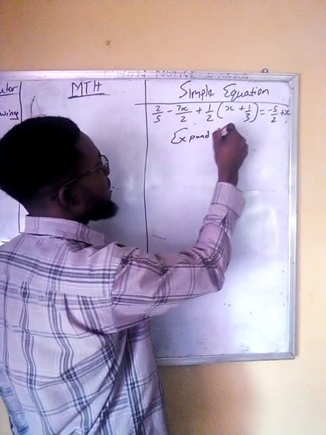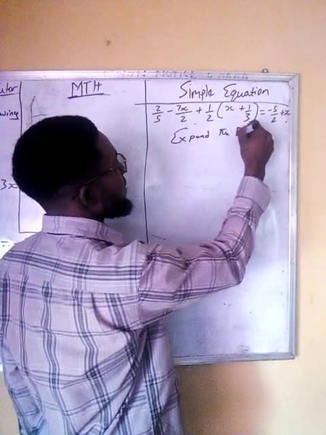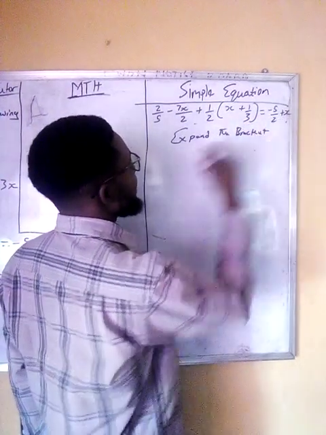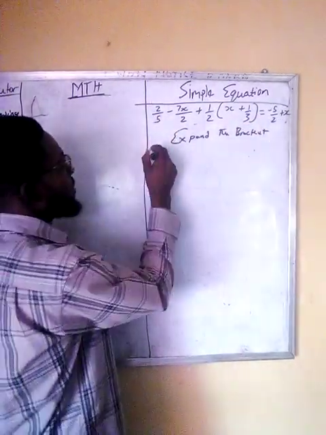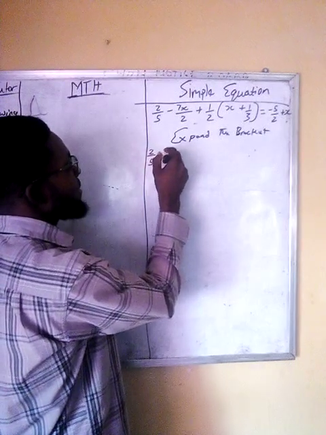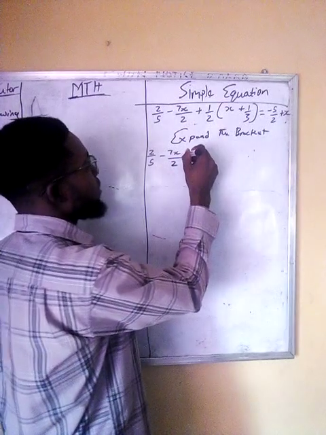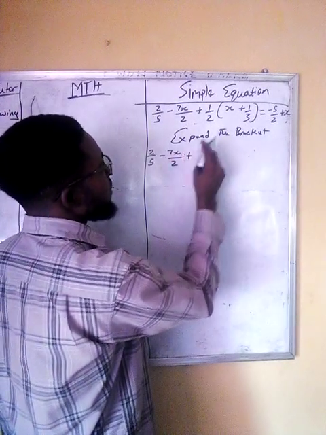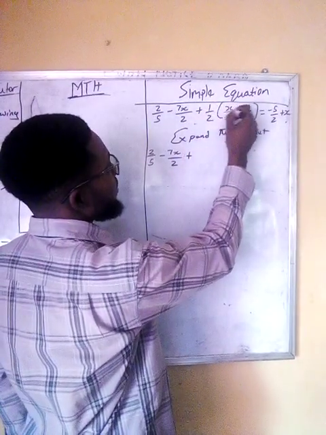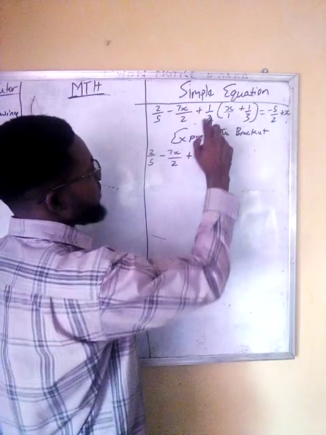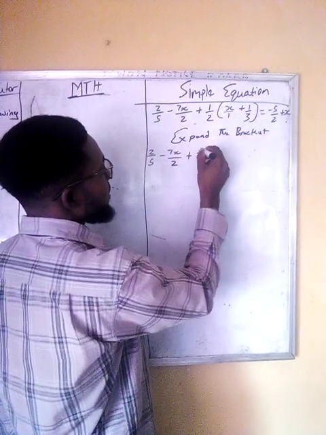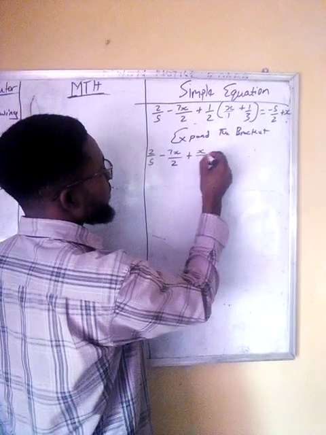We expand the brackets. So this is 2 all over 5 minus 7x all over 2 plus, this is 1, this is all over 1, as the case may be. So 1 times x is x. 2 times 1 is 2.